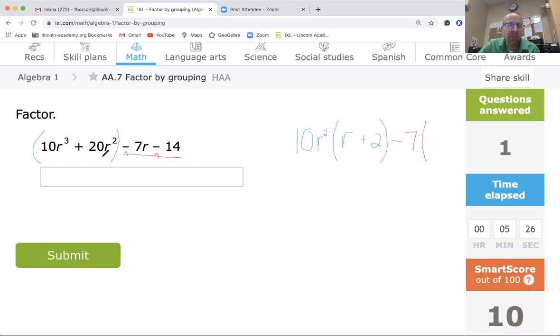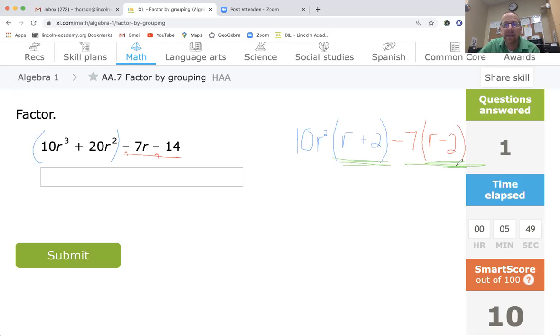What's left of the first term of those last two? Yep, the r. And what's left of the 14? Very good. Now again, you'll always know you've done this right if those parentheses look exactly the same, and they do. And that's important they look the same.